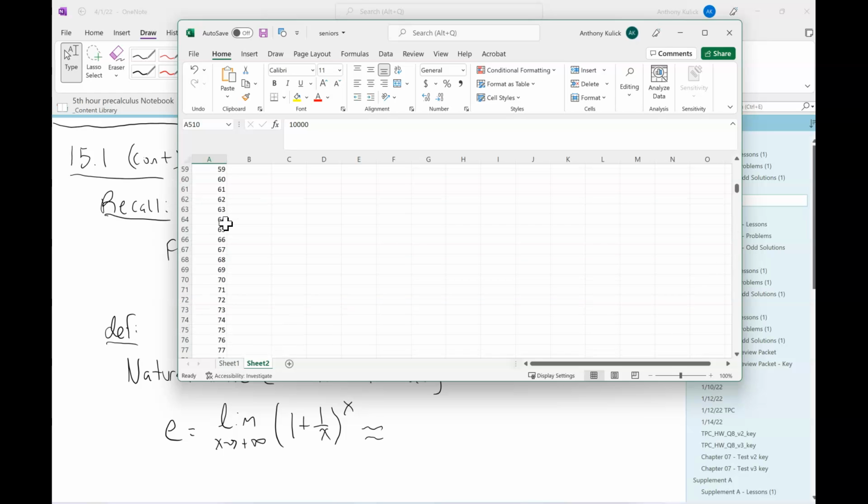These are my values for x. So I'm going to do 1 plus 1 over the first column, to the first column. Press enter. And then I can evaluate this for each of these values of x.